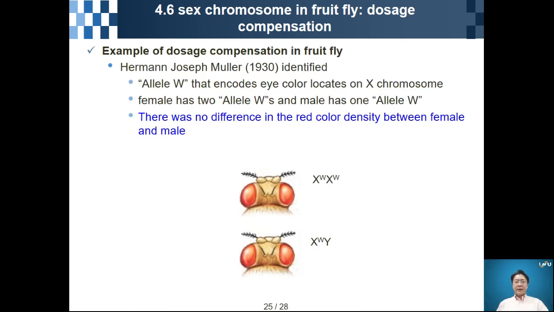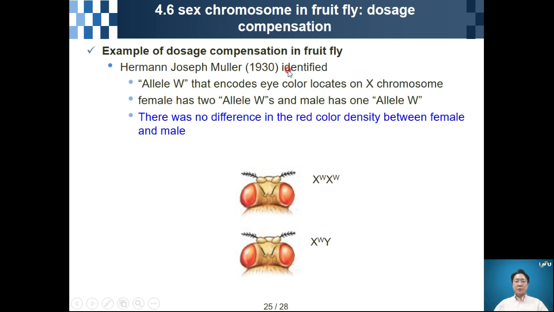In this slide, I will explain an example of dosage compensation in fruit flies. In the 1930s, Dr. Mueller identified that the allele W, which encodes eye color, is located on the X chromosome.